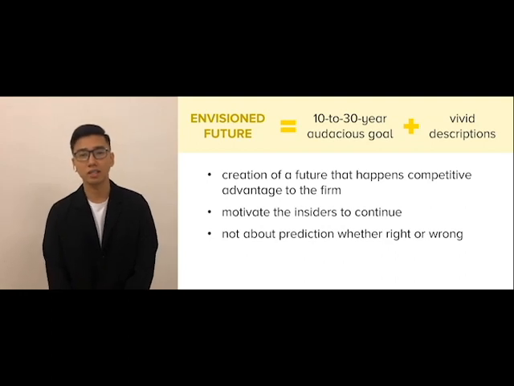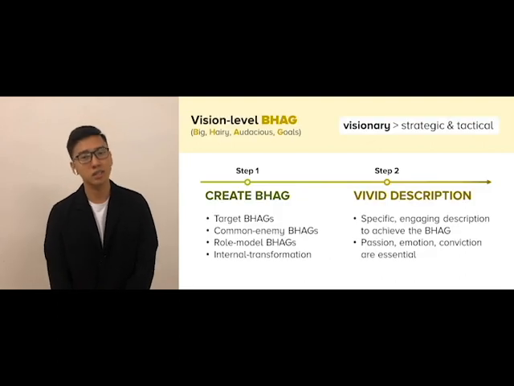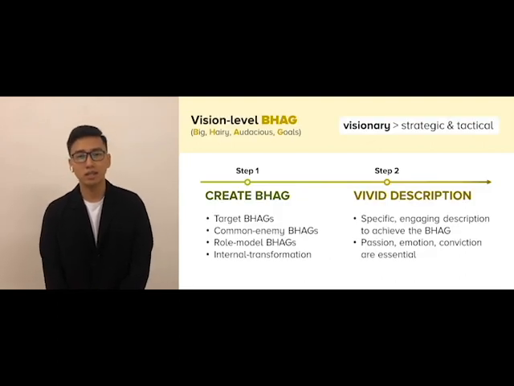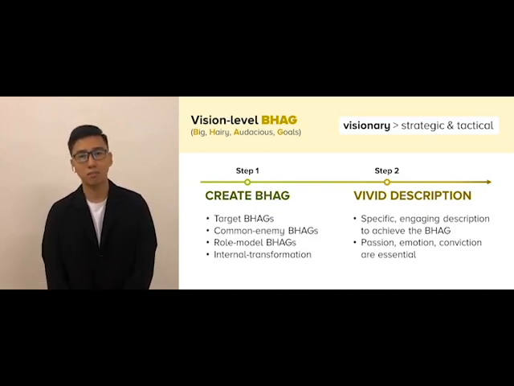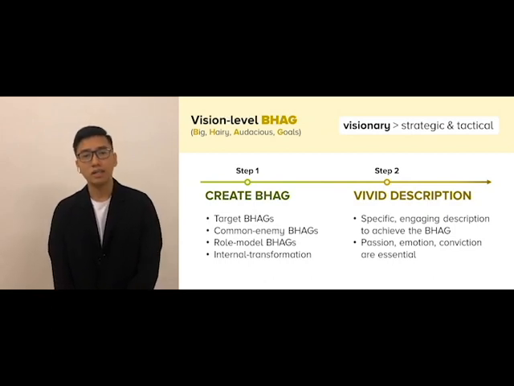But the organization must believe that it can reach the goal anyway. In addition, there are four broad categories in creating a vision level BHAG, which are target BHAG, common enemy BHAG, role model BHAG, and internal transformation BHAG.